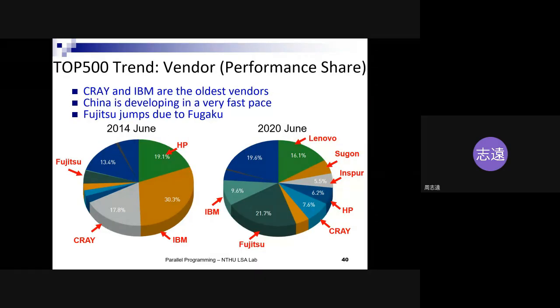Okay. How about the vendor? So the next interesting number is the distribution of the vendors who developed those supercomputer systems. The highest ranked vendors, the most famous ones, are Cray and IBM.